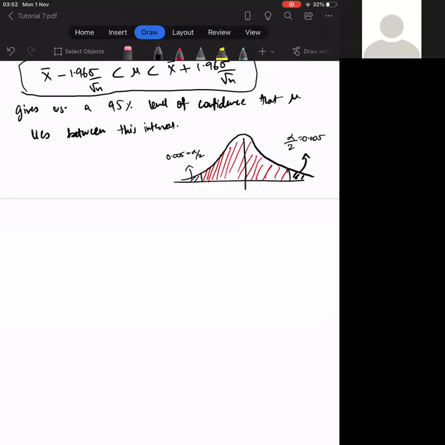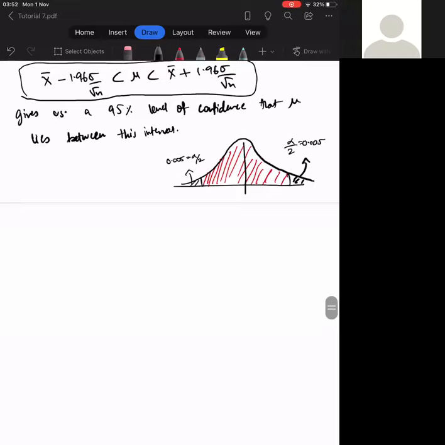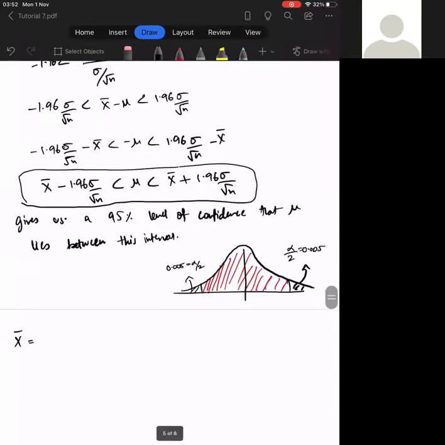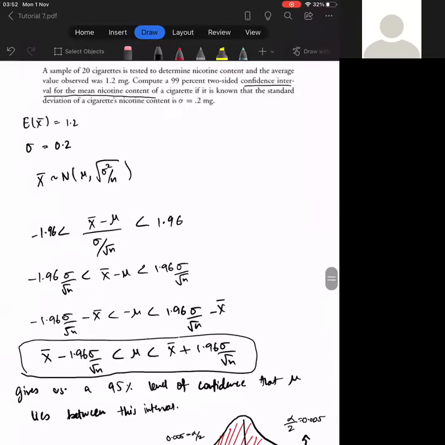So for the question, we have the sample mean, 1.2.